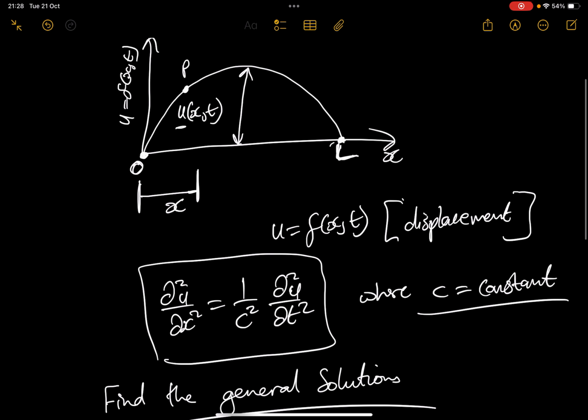The reason why we don't have e to the power is because your alpha is 0 here, so e to the power 0 is just 1, so that's why we don't have it here. e to the power 0 is just 1.